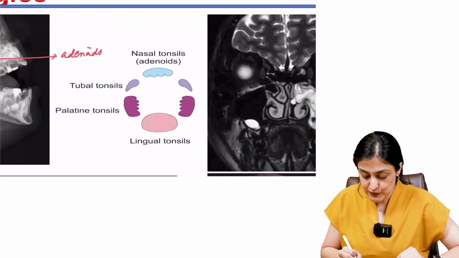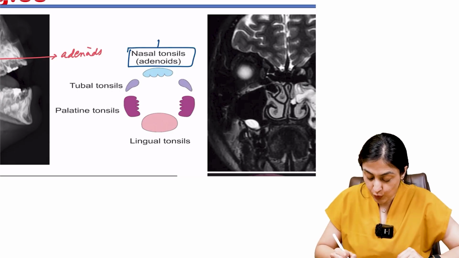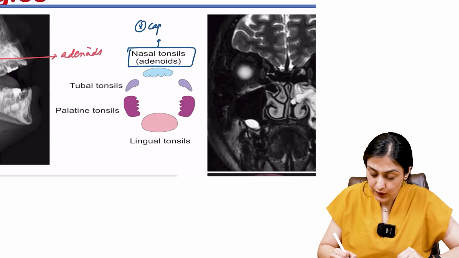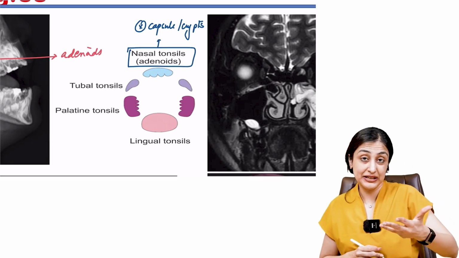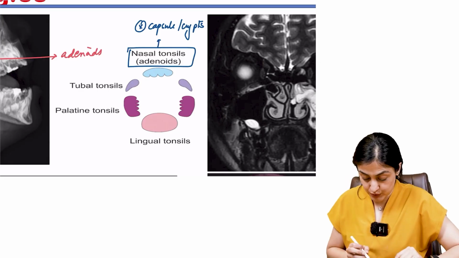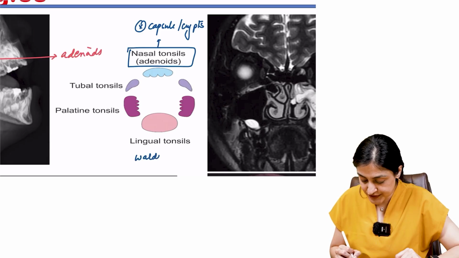Fine. So the adenoids do not have any capsule or crypts, unlike our tonsils, right, which have a capsule and multiple crypts. So adenoids don't. So this is what you are seeing as your Waldeyer's ring.